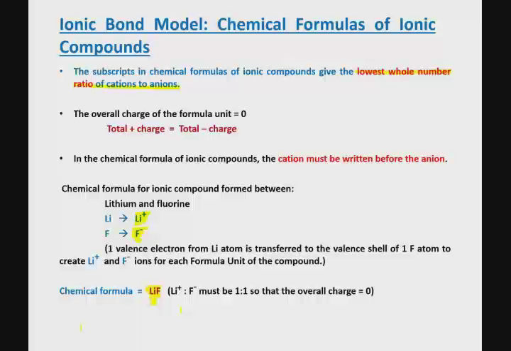Please remember, the total plus must equal the total minus. In this case, in the formula unit of the compound, the total plus on the cation side is +1 and the total minus on the anion side is -1, which cancel out to give us 0. And that is the important part to remember, besides the fact that the cation is always written before the anion. Okay, let's try a few more, again going through the same process.